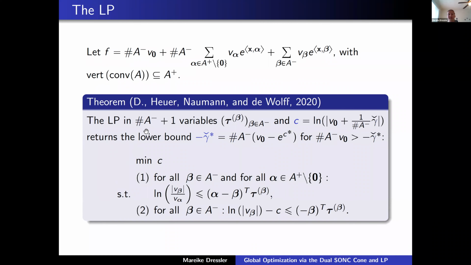This linear program has the cardinality of A minus, so as many elements of the interior points, plus one variable. So again, we have this variable tau coming from this containment feasibility program, and we also have this variable c. And then the constraints here just test, so to say, the containment.